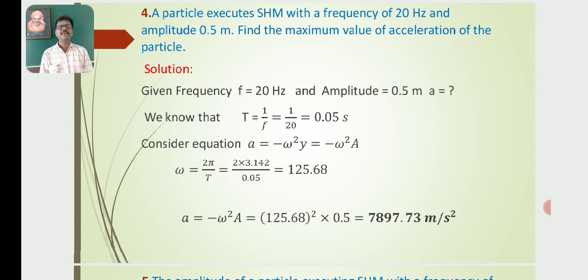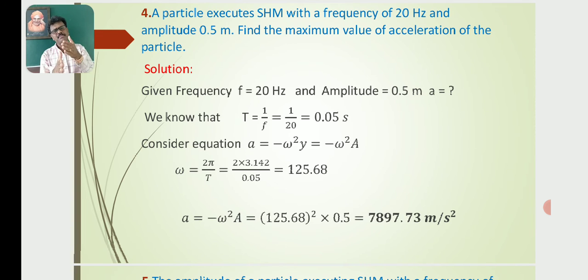What we know is that the body which is executing to and fro, oscillatory motion, moves from mean position to extreme position, then extreme position to mean position.